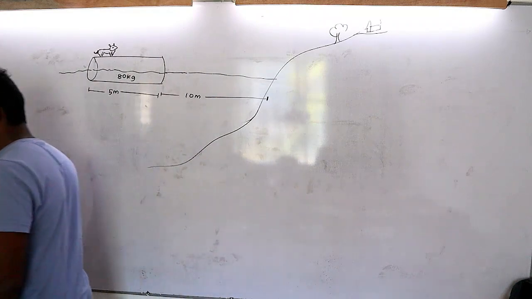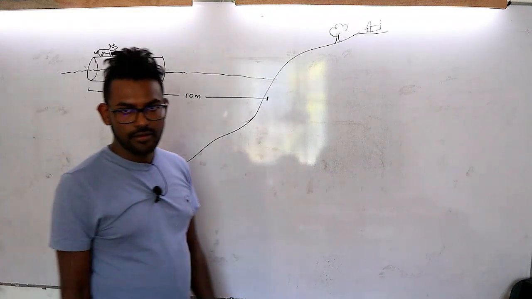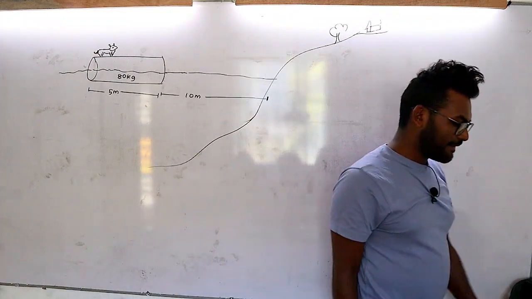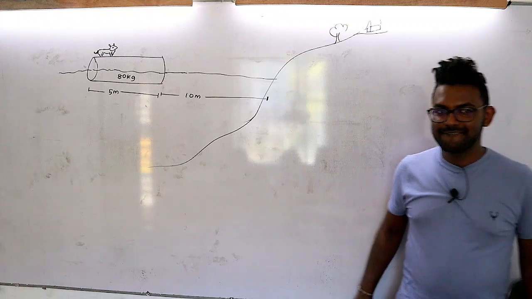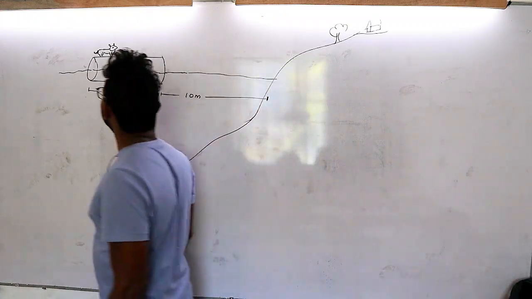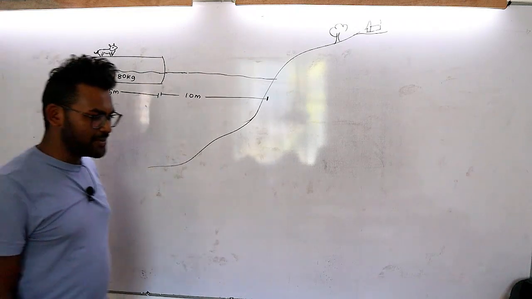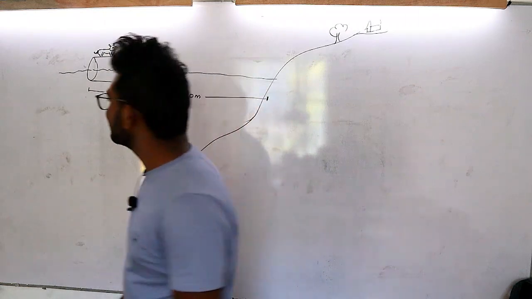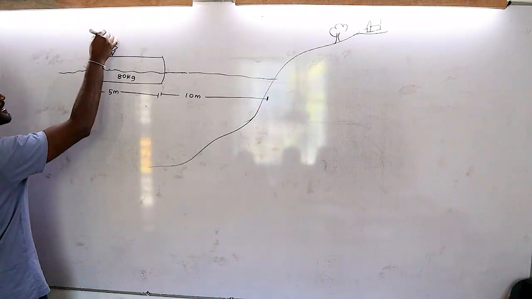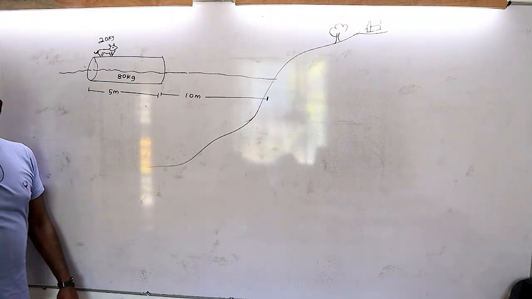By the way, what's the average mass of a dog? Maybe an Alsatian or German Shepherd, 30 or 20. Okay, let's say 20. Average value, right? 20 kilograms.